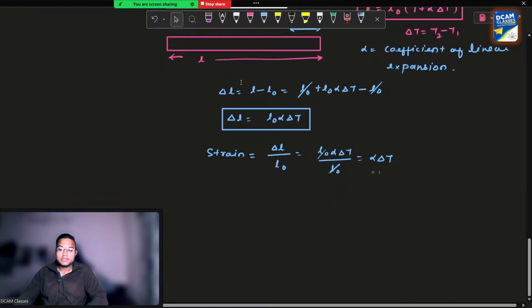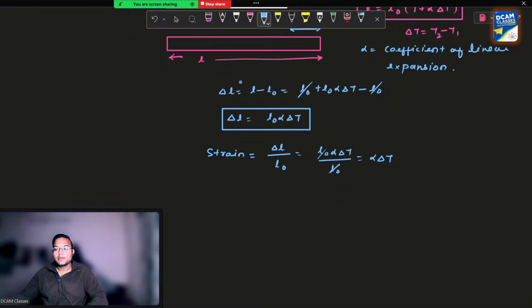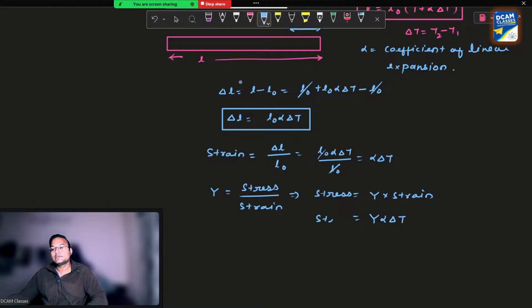Now you must have also heard about Young modulus, which is stress by strain. So from this relation, we can write stress is equal to Young modulus into strain. So you can write the relation Y alpha delta T is the stress. And what do you know about stress?